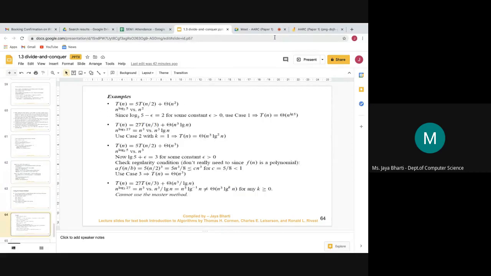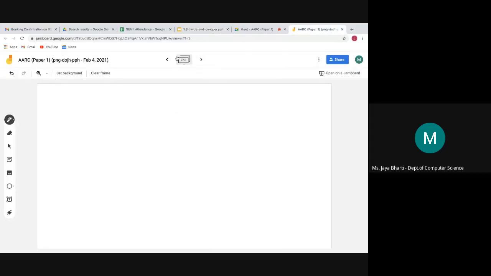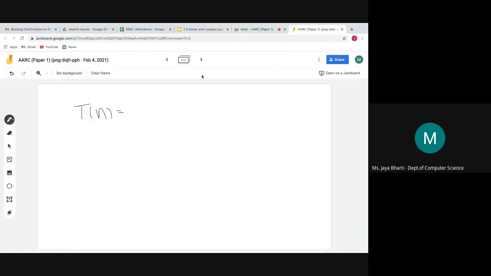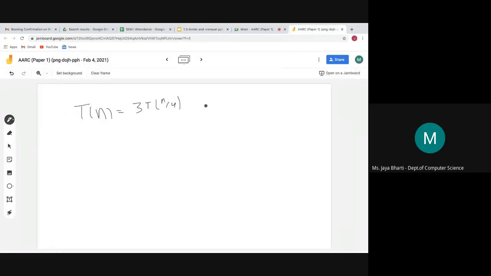Okay, so now we will see the next example. T of n is equal to 3T of n by 4 plus n log n.